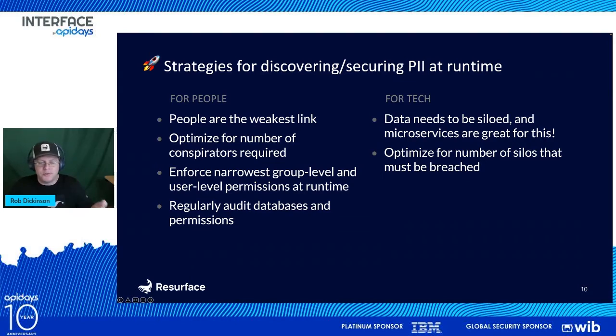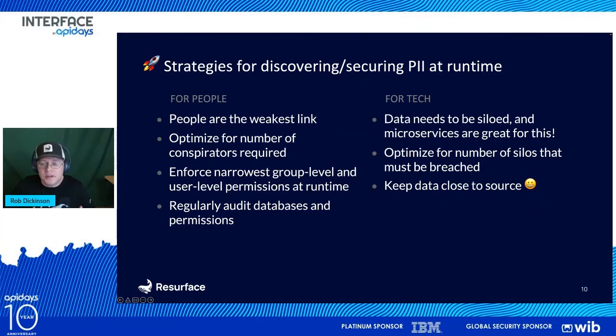I have to put all of those puzzle pieces together to actually put the whole piece together in terms of the user data that I want to steal. So again, we're optimizing for the number of silos, which sounds a lot like optimizing for the number of microservices that we have in a lot of places. So again, if you put it on that level, it can actually be fairly natural.